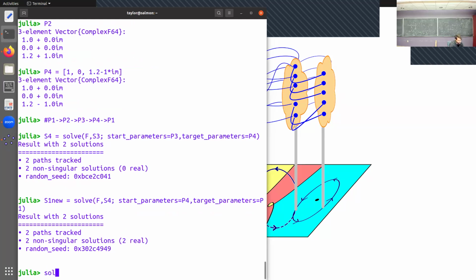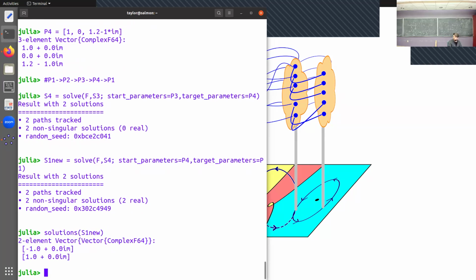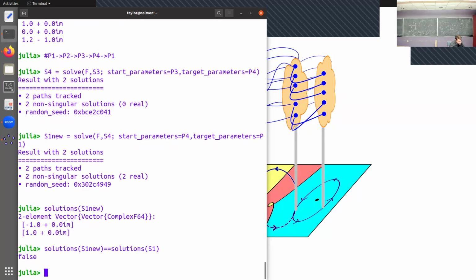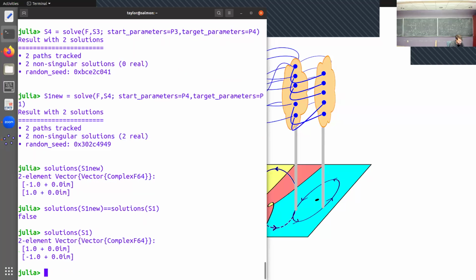Good. So this is the same solutions, right? -1 and 1. Agreed? Okay. Well, maybe that's just a numerical error. Let's check. Let's remind ourselves what the solutions of S1 were. It's the same set, but they're in a different order.